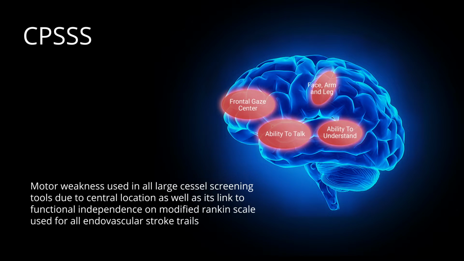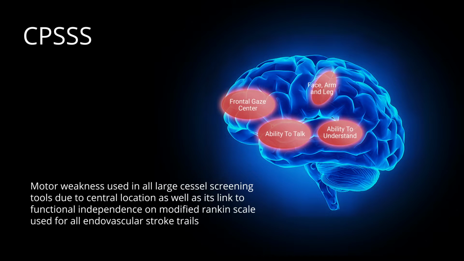Cincinnati Prehospital Stroke Severity Scale, they're testing gaze plus level of consciousness, which is basically following two commands and answering the month and the age correctly, and then arm strength.